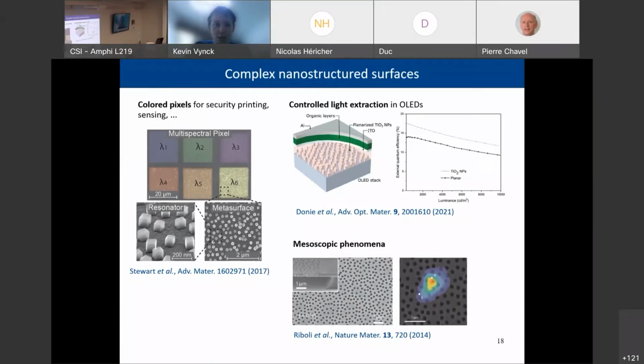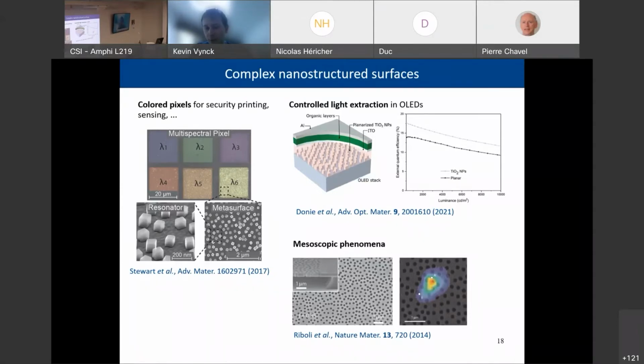So when you design, you can design nanostructured surfaces for extracting light, and the result shown here shows how the quantum efficiency can be improved when you incorporate such a disordered system there.